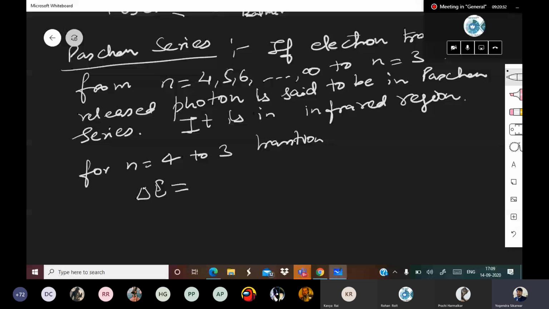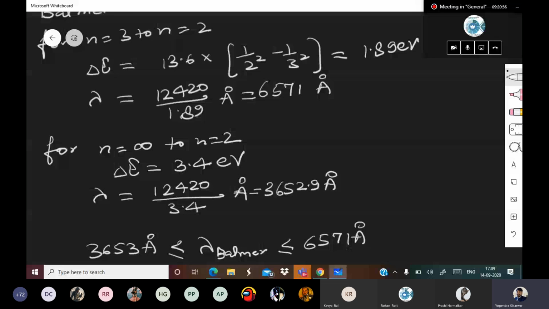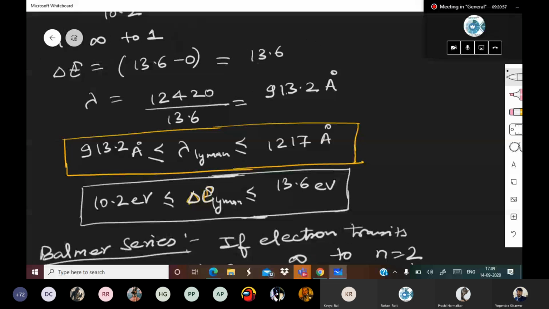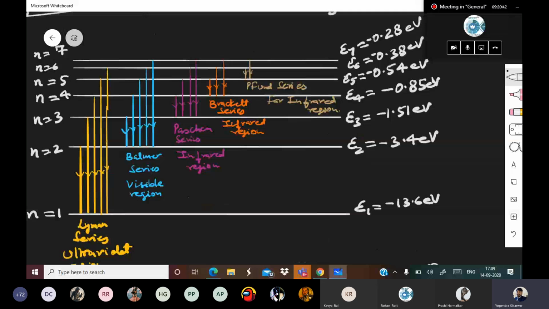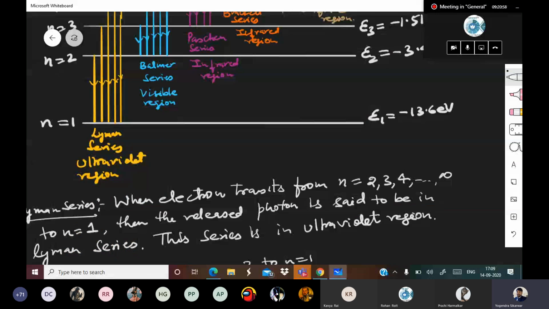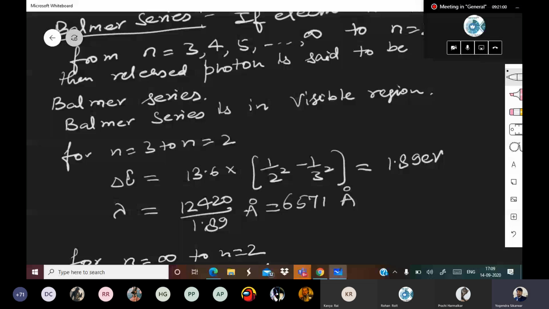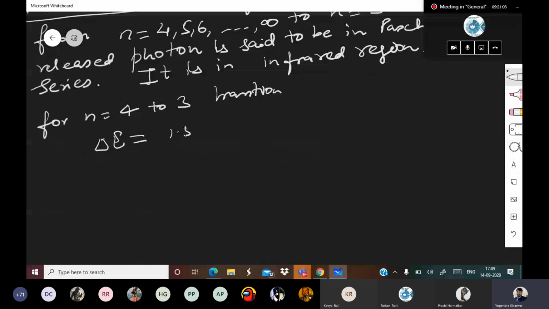All right. So n is equal to 4 and n is equal to 3. Let us go to the diagram. Energy of 4 is 0.85 and this is 1.51. So 1.51 minus 0.85 comes out to be 0.66 eV.